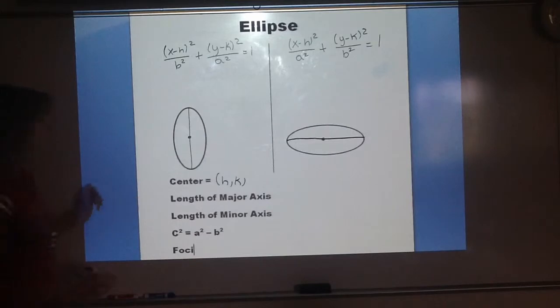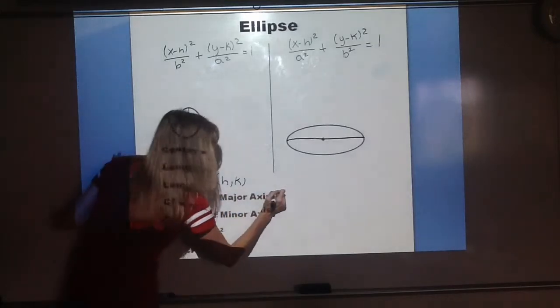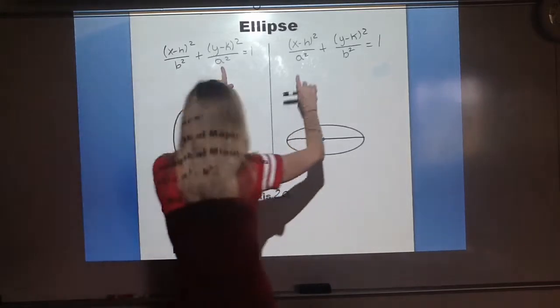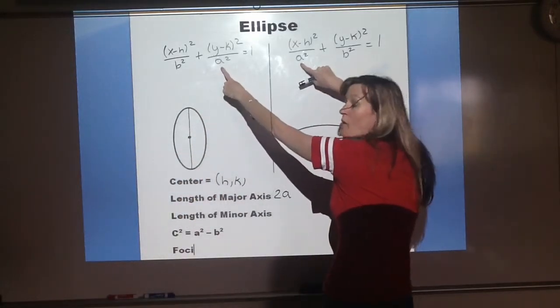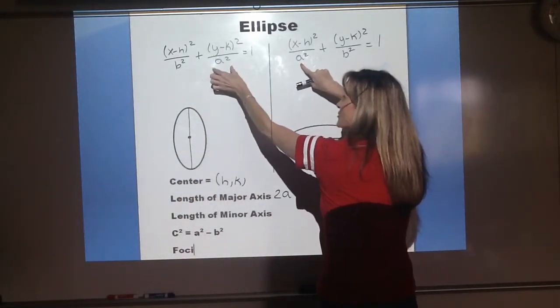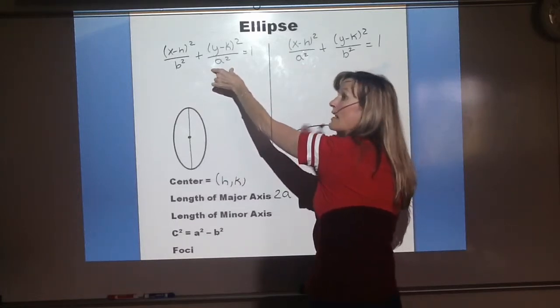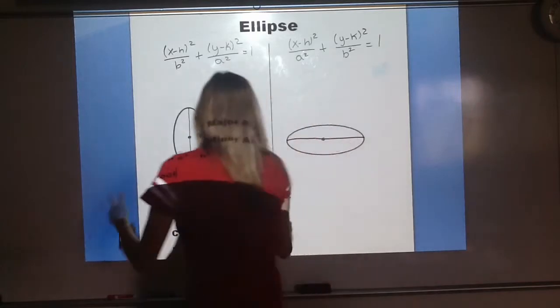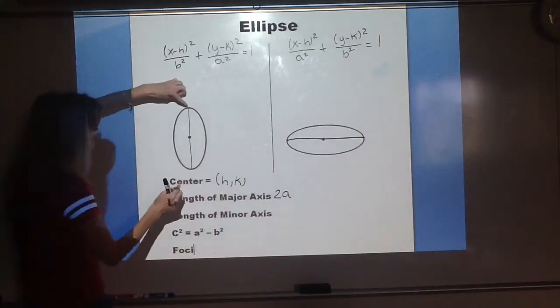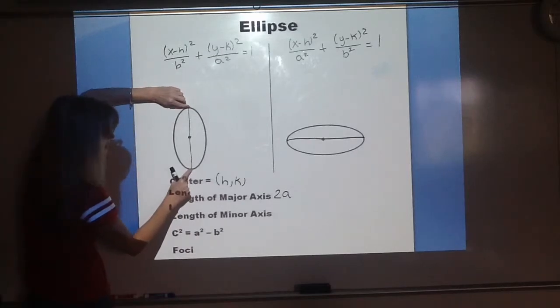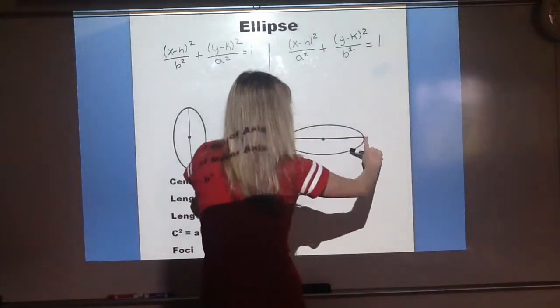Okay, so the major axis is going to be 2 times a. Well, a squared is the bigger denominator. And so what I have to do is take the square root of this denominator so I can figure out what a is. And then I'm going to multiply it by 2. That is the distance from this furthest point to this point, or this point to this point.